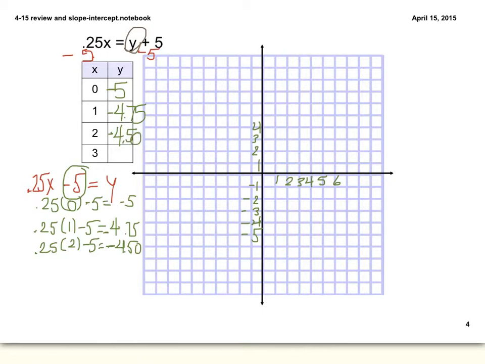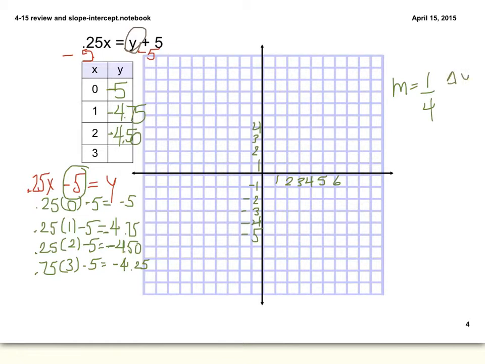And then I have my 3. 0.25 times 3 minus 5 gives me negative 4.25. Okay, pretty gentle slope. It hasn't even changed by 1 yet. This is just a 1/4 slope, a 1 over 4. So my rise, m equals 1 over 4.